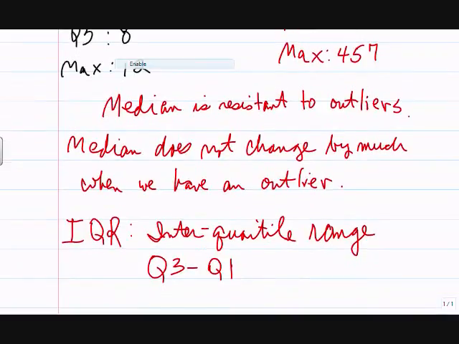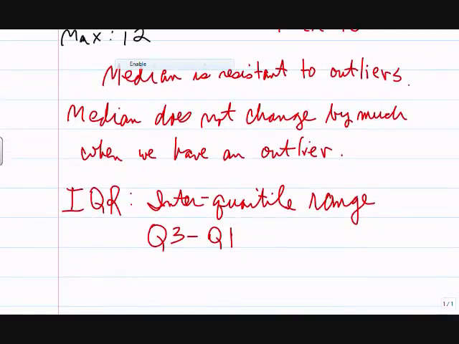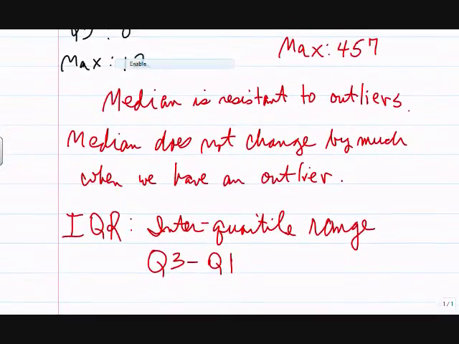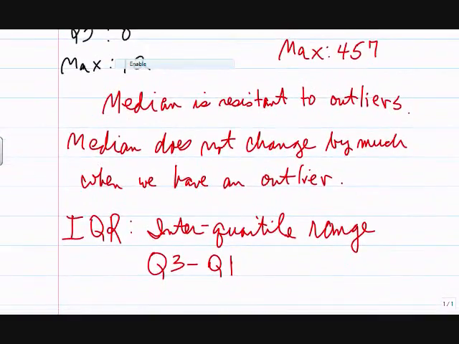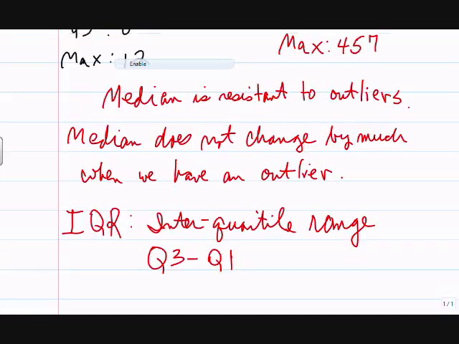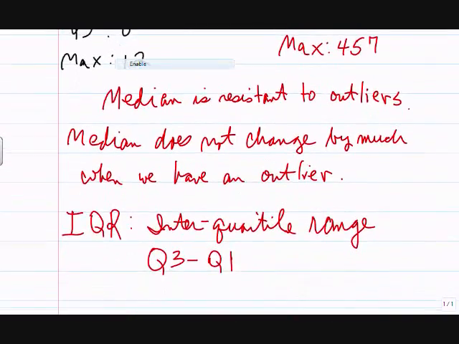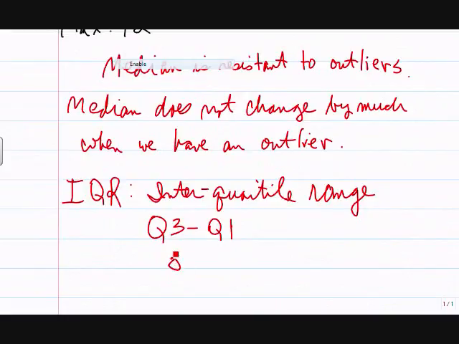So let's see. We've got to pick a set of data here that we feel comfortable with. So let's go back to the original data without that great big outlier. My Q3 was 8. My Q1 was 0. So my IQR is 8 minus 0, which is 8.